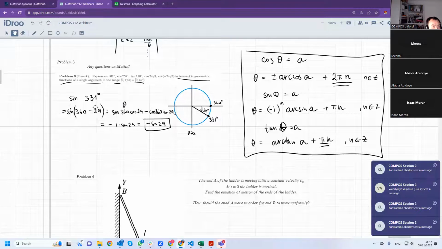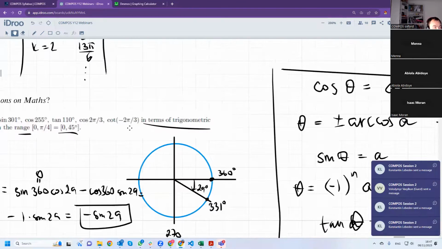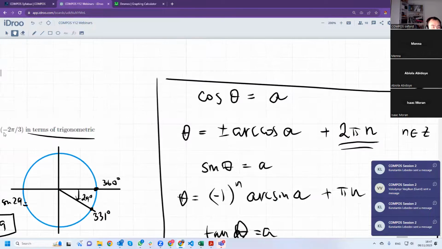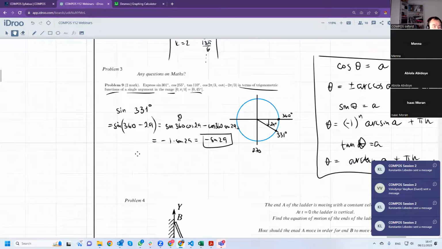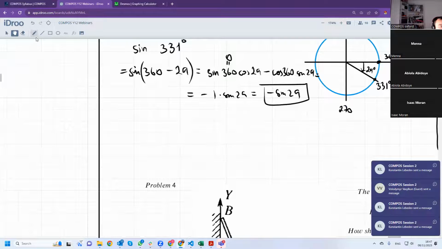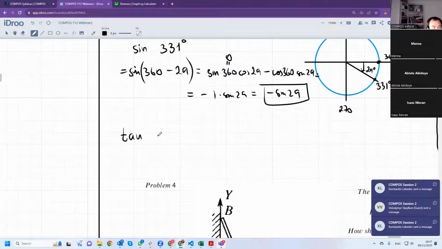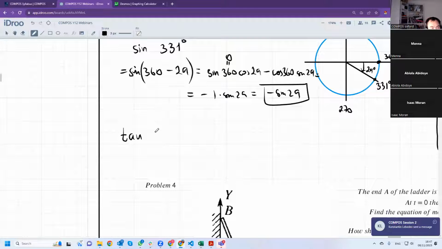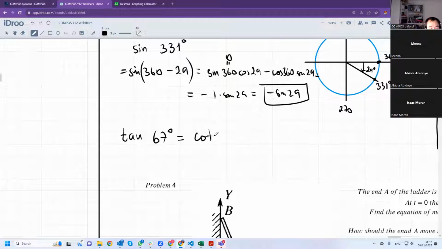If you're using this technique, for example, you need to express tan 67, which is equal to tan of 90 minus 23, which is the same as cotan 23.